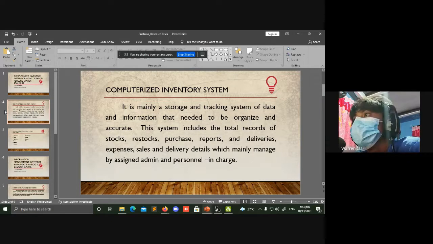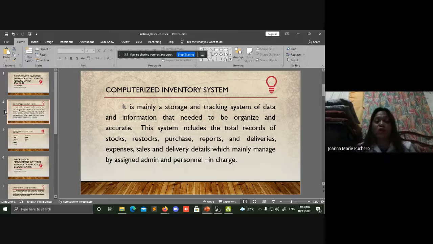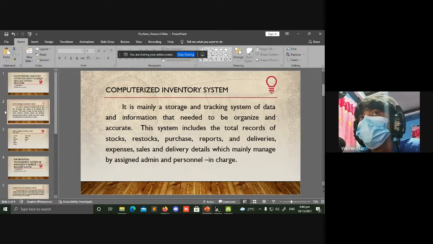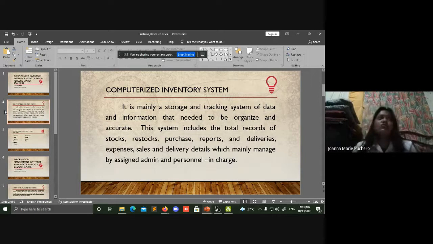So why did I choose this title? Because of the problem within the inventory: we already have a manual system of recounting the bottles, the remaining products, and the delivery products. It is so time consuming, and sometimes the tally on the logbook and the actual on-hand count are not the same.